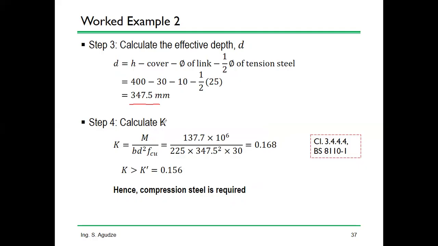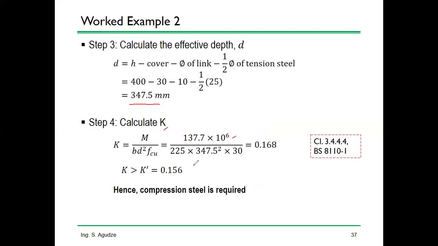Once we are able to calculate effective depth, the next step, which is step 4, is to calculate the K. And the K is M over B D squared FCU. And I keep reminding you, you must convert the kilonewton meter to Newton millimeter by multiplying by 10 power 6, right?